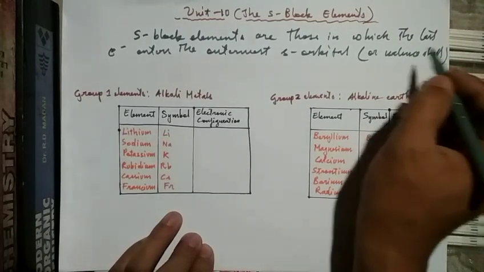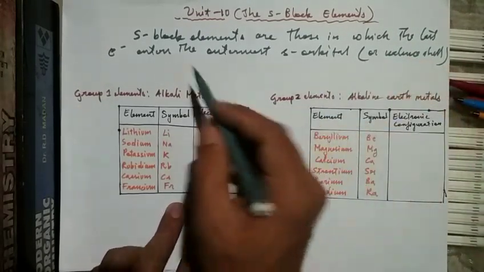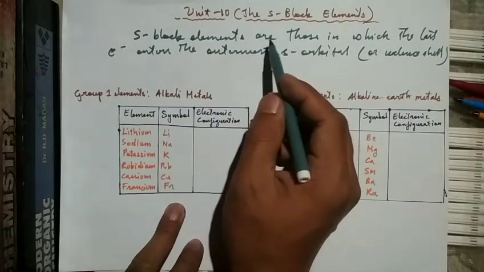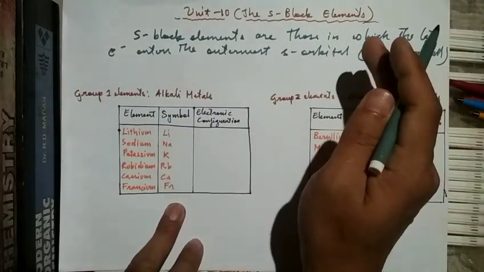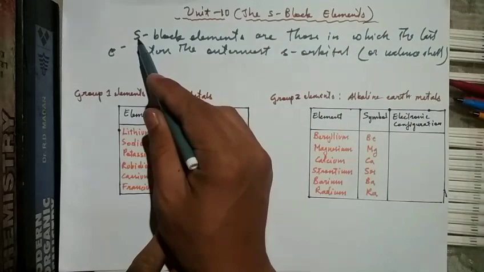By valence shell we mean the outermost shell. So in s-block elements, the last electron will enter the s orbital.